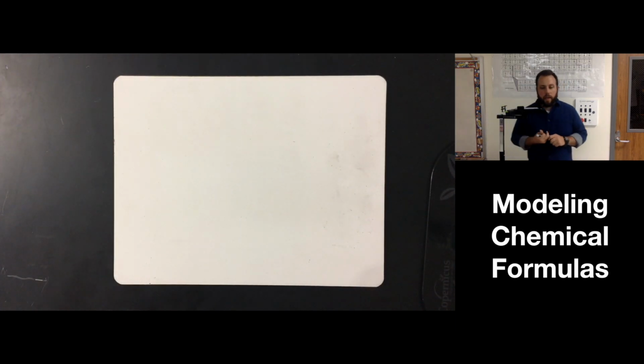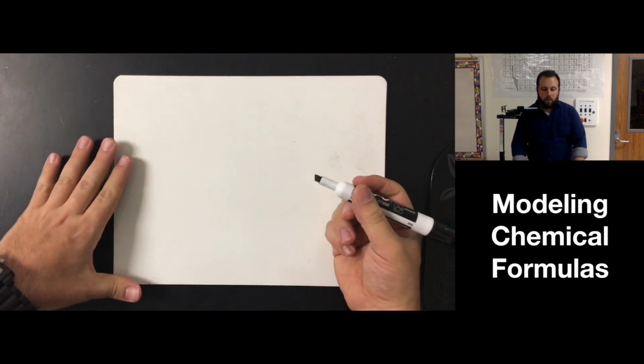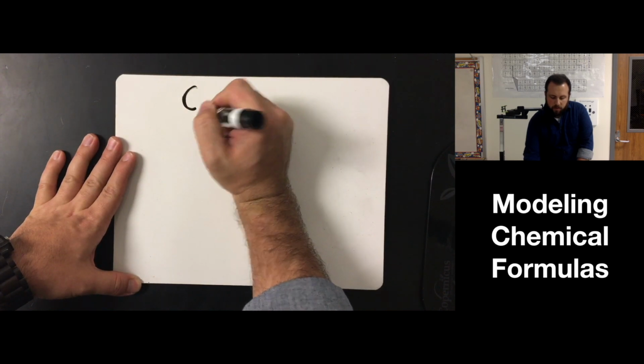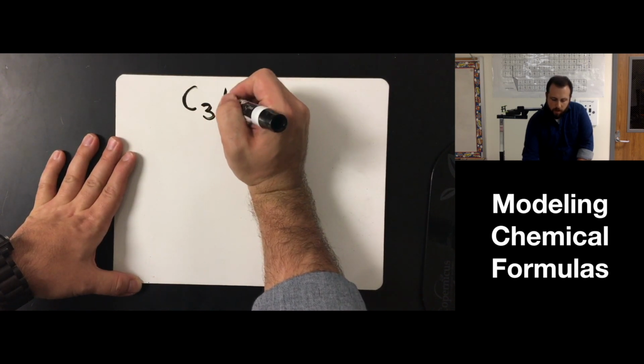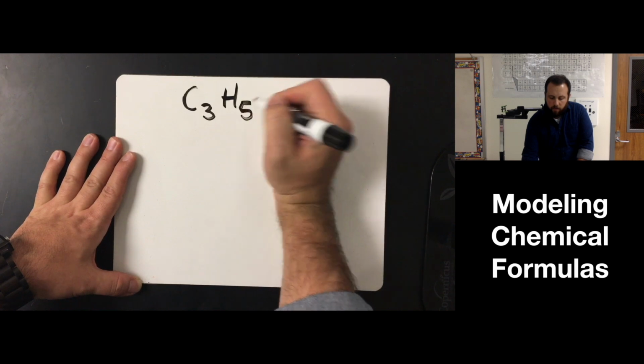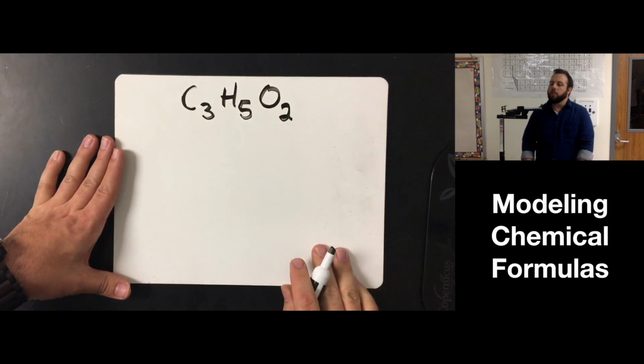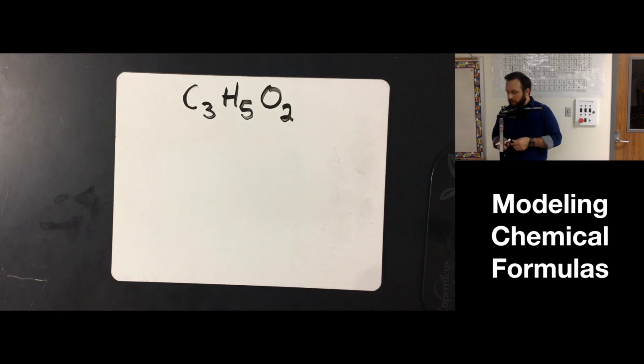So now we're going to look at actually doing some models. I've got my whiteboard here. We're going to start with this compound here, C3H5O2.